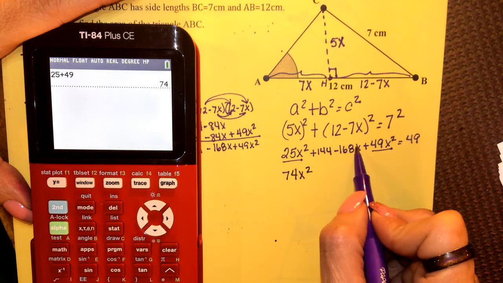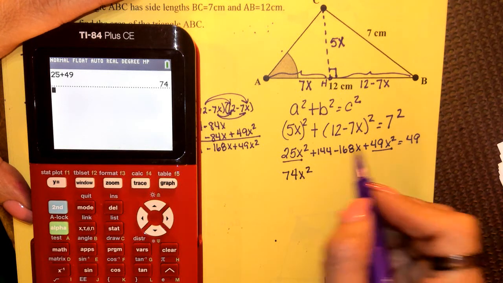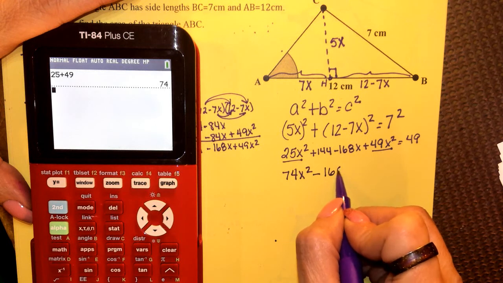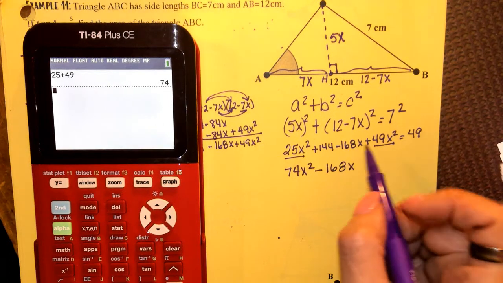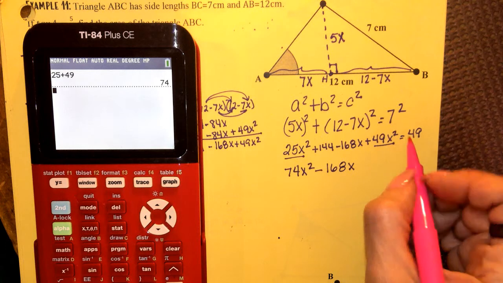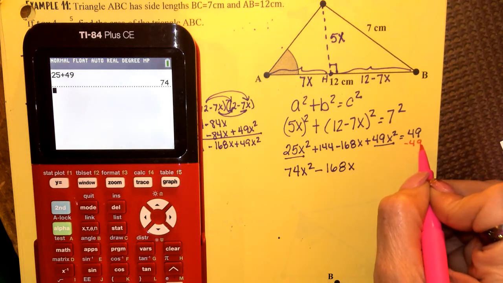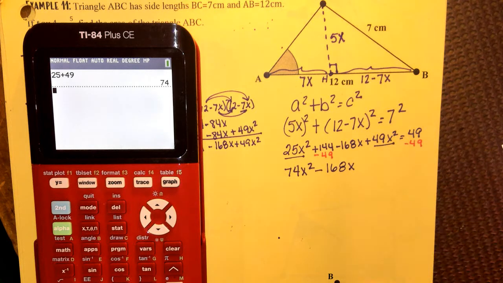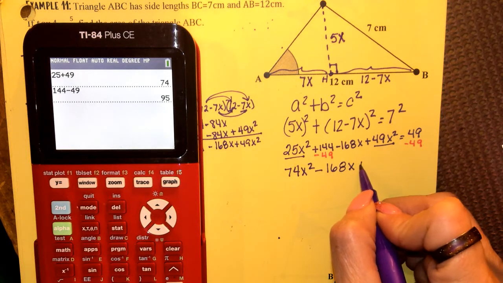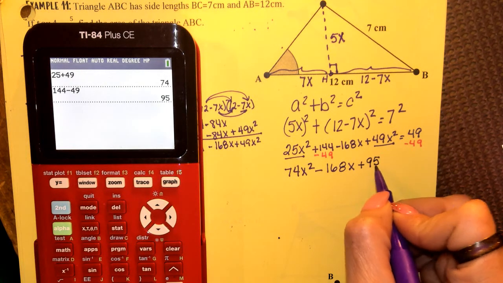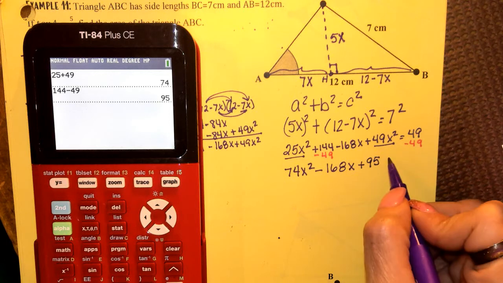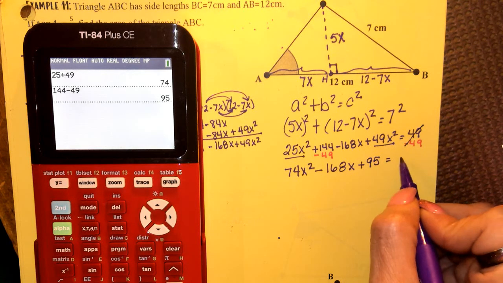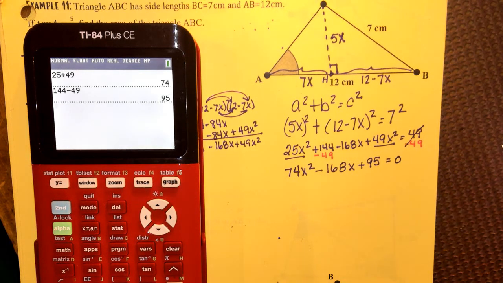Now I've got 168x and there's no other x's, so I'm going to say minus 168x. On this next part though, I'm going to move this 49. I'm going to subtract it right here. So 144 minus 49 is a positive 95. And these cancel out, so it equals 0.